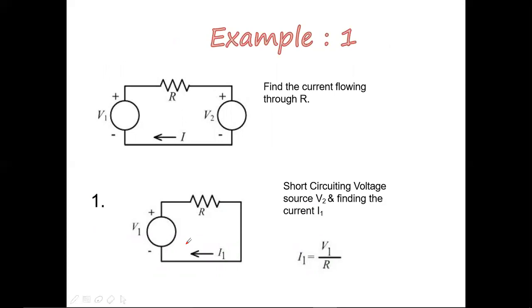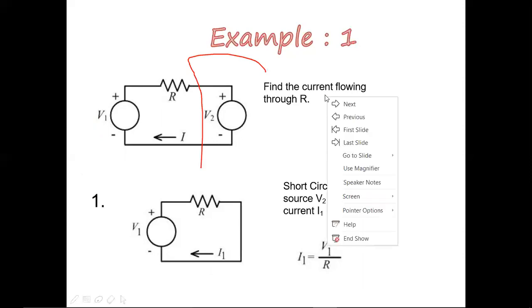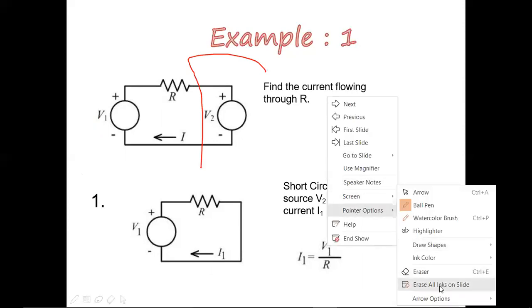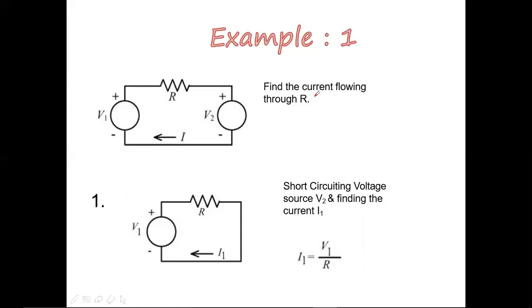In this I used only symbolic parameters v1, v2 and r1. I am not using any numerical parameters. Here, find the current flowing through r.